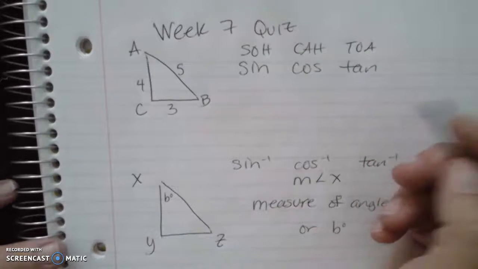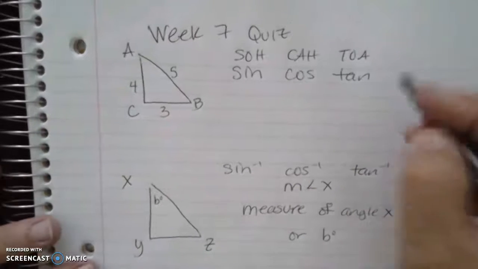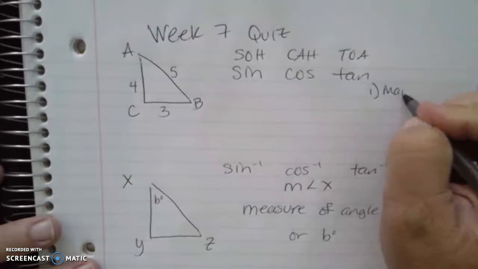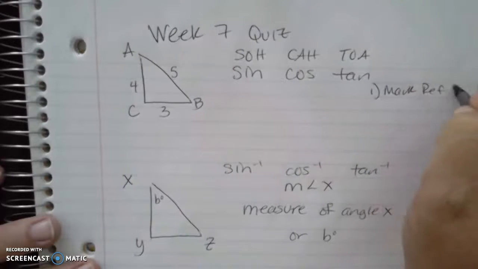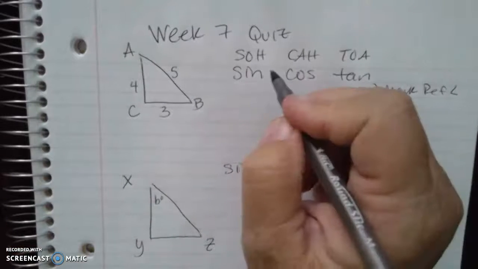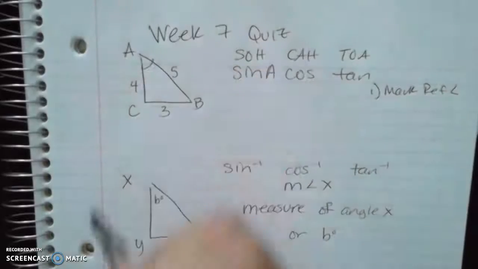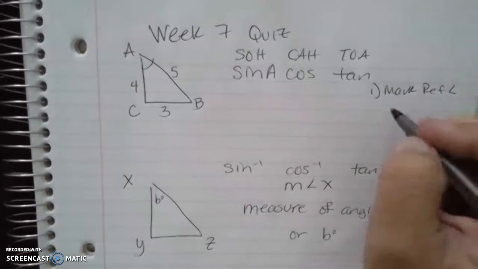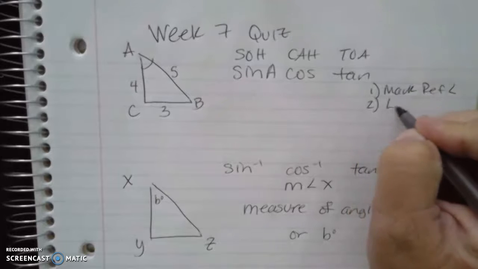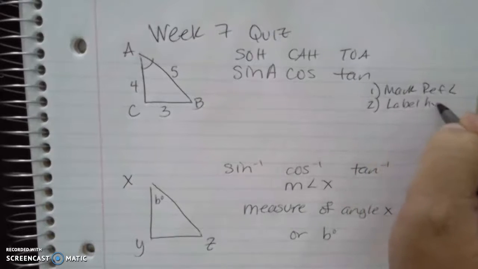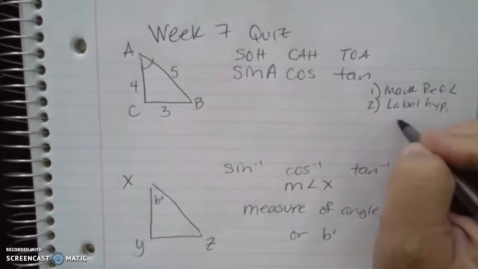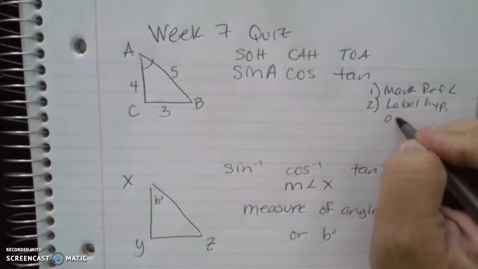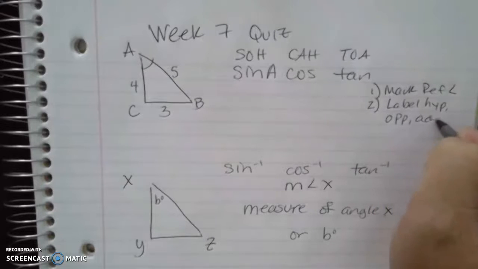So if we go through the 5 steps, the first is always to mark the reference angle. Okay, so if I were to say angle A, there I marked my reference angle. And then label your hypotenuse, your opposite, and your adjacent sides.